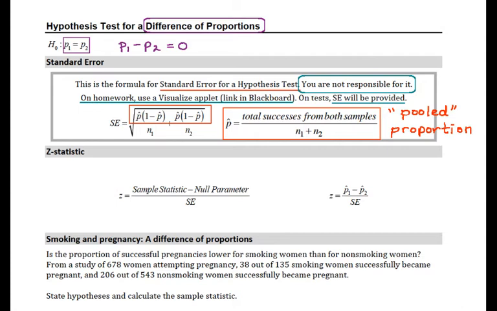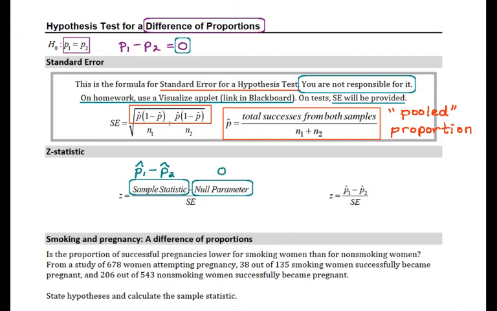So based on this standard error, we now have a z-statistic which follows the same form we've been following for all of our z-statistics. Sample statistic minus null parameter. Our sample statistic, if we're working with a difference of two proportions, is always going to be p1 hat minus p2 hat. And the null parameter is what p1 minus p2 is equal to under the null hypothesis, which as we can see up here is equal to 0.